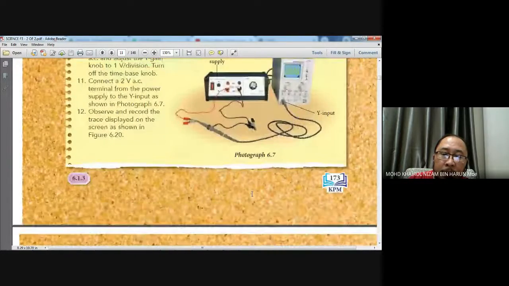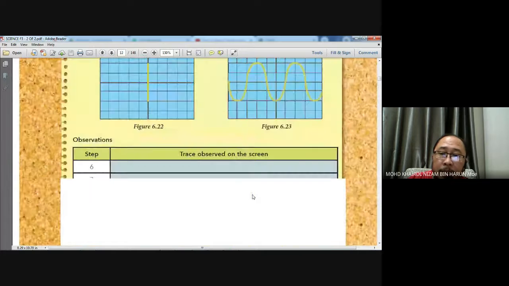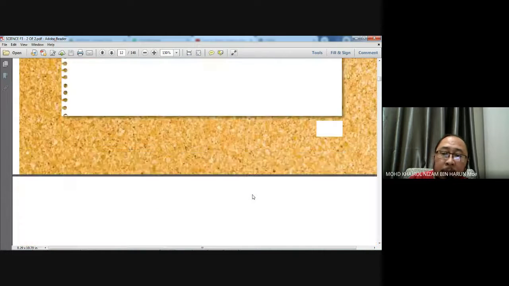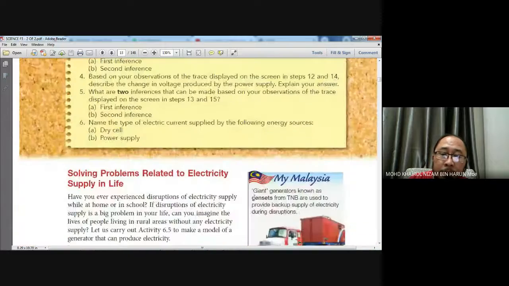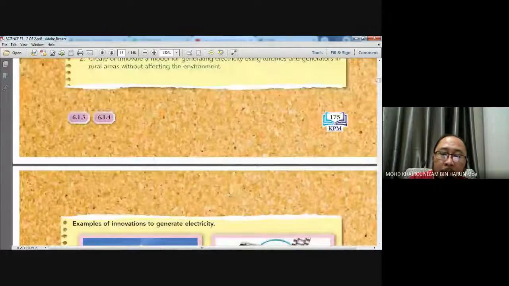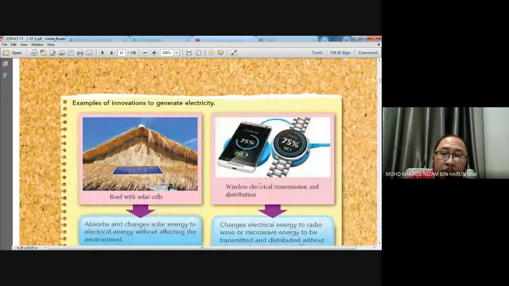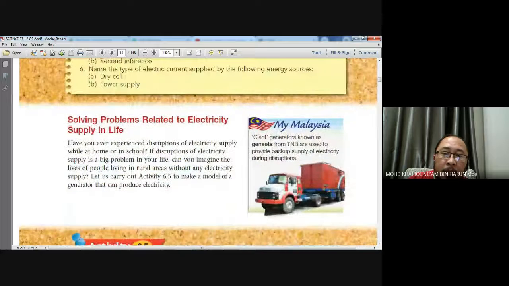Okay, so the last thing in this subtopic is about innovation to generate electricity. If anything happens to the power station, where the power station experiences disruption, for example in our country, Malaysia, we have TNB, Tenaga Nasional Berhad.